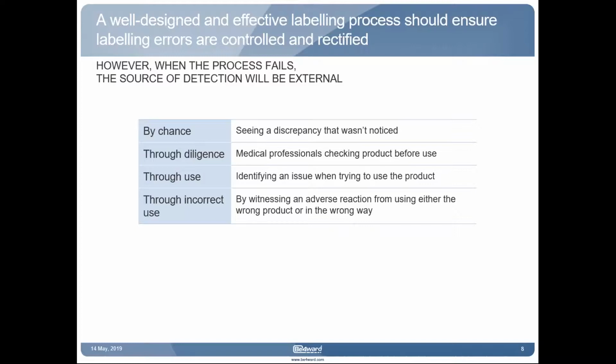And the last thing that you want is the product that you've provided being used in an incorrect way, and you end up actually making the patient worse. So it's not great when an error is detected through misuse of the product because we've harmed somebody who's using that product.